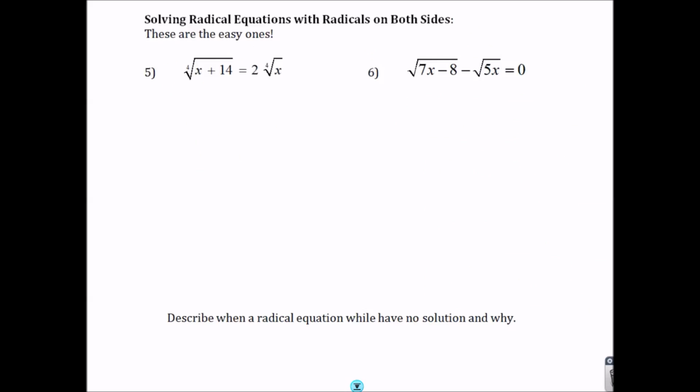If you have equations with radicals on both sides, these are actually easier problems. You need to get one radical on each side of the equation and then raise both sides to the appropriate power.